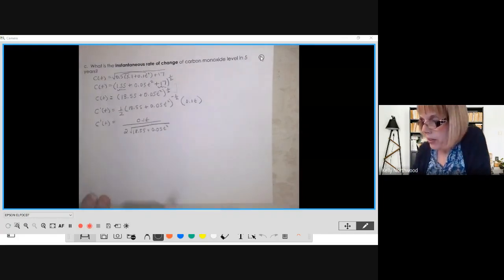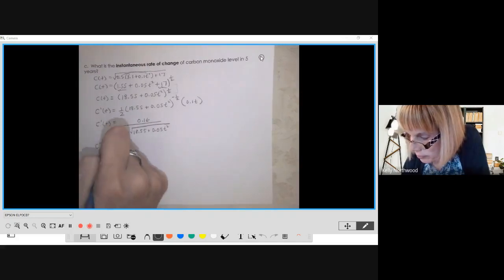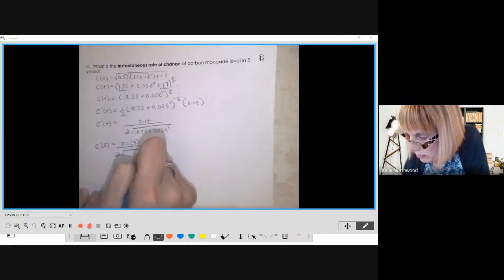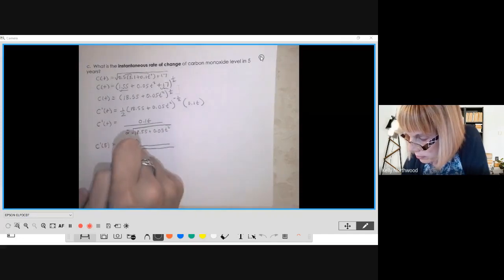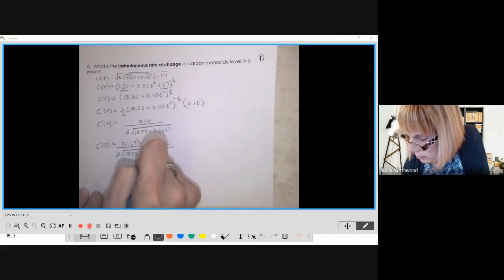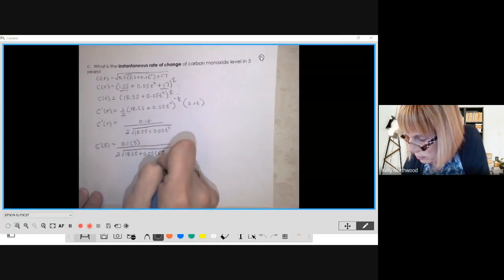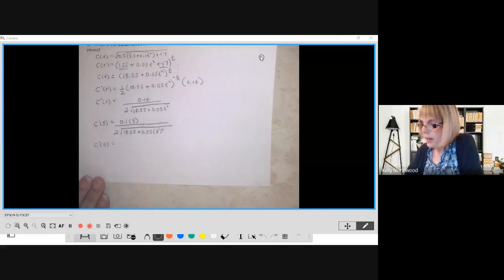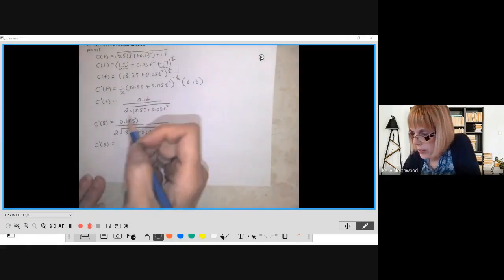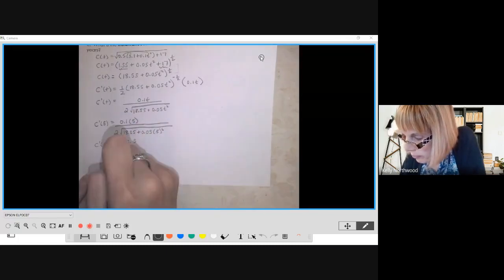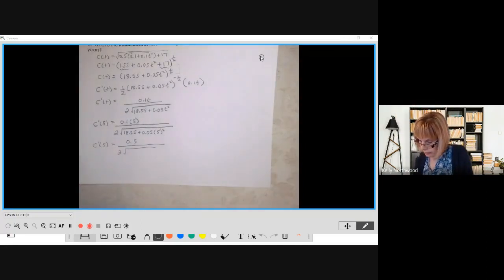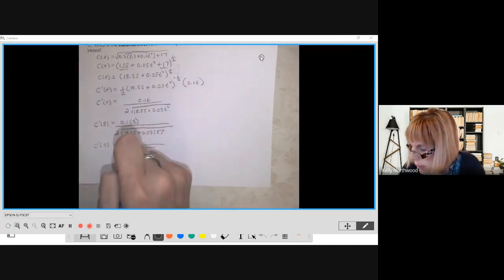So now I'm ready to substitute 5 in. Then I can work these numbers out. 0.1 times 5 is 0.5, over 2 times the root of 19.8.